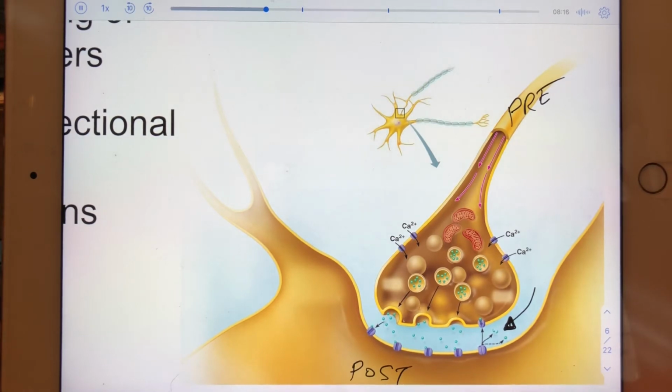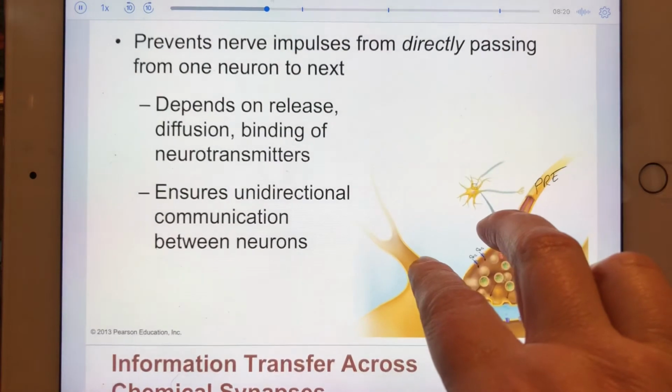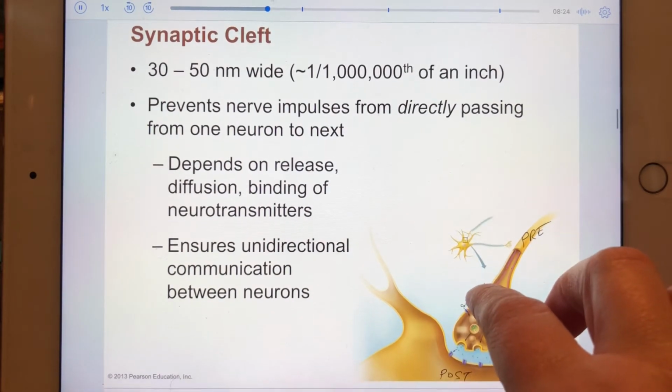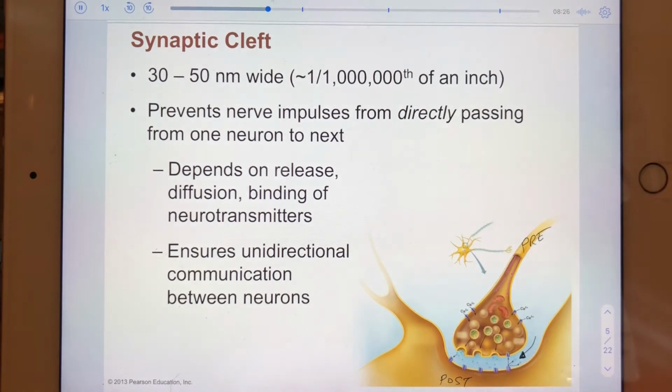Because there's an interruption between the two, a space between the two, this is a far more controllable mechanism. We can interrupt this mechanism. We can throw a wrench into these works, okay? Neurotransmitters aren't going to pass directly from one neuron into the other. All right, next slide.